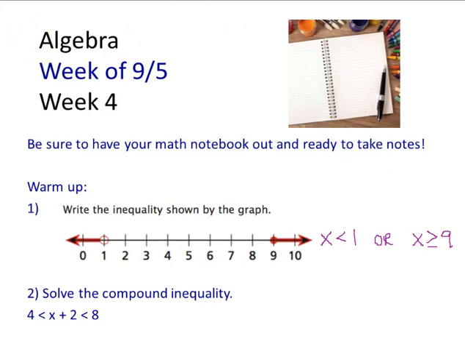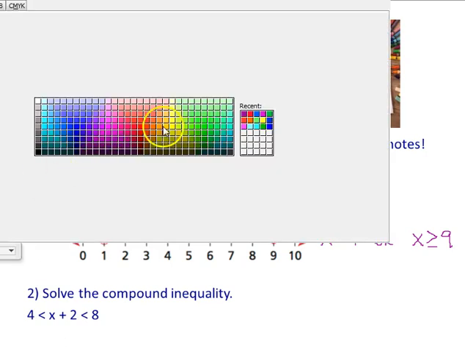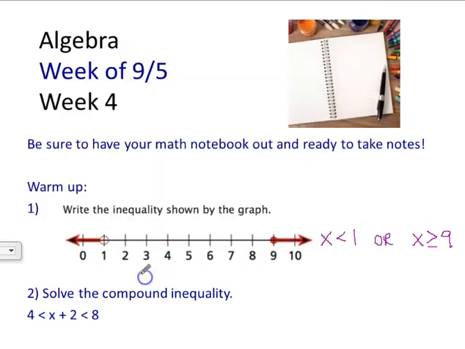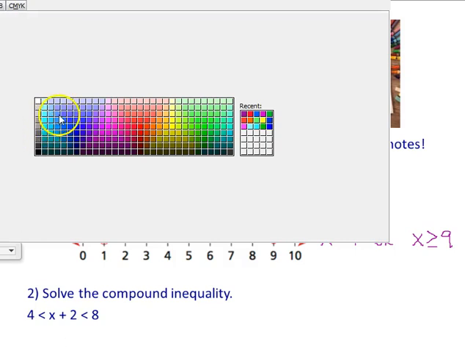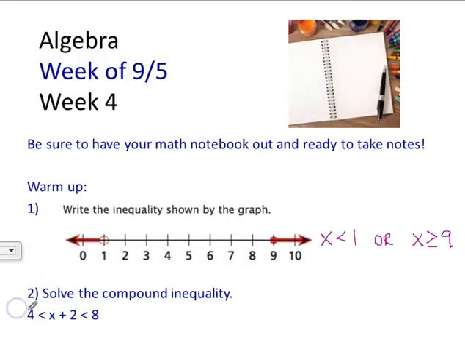And then we're going to move on to number 2. And number 2 is another compound inequality. There's actually 2 different inequalities here, and I can show you those. The first one being just the 4 is less than x plus 2.